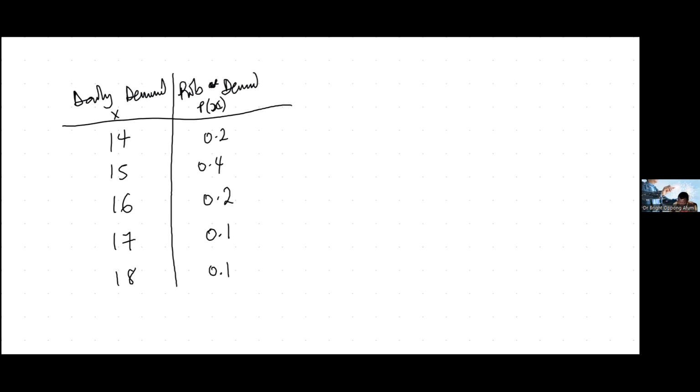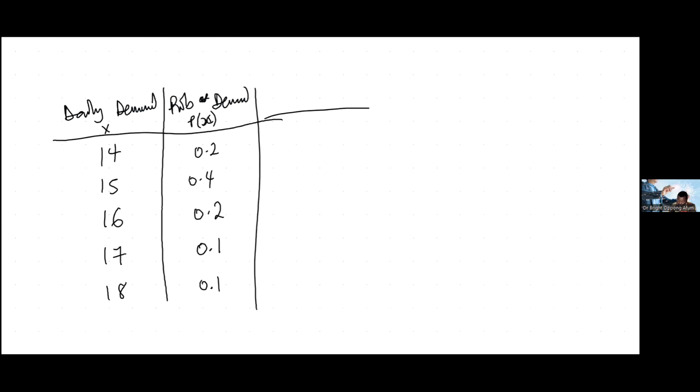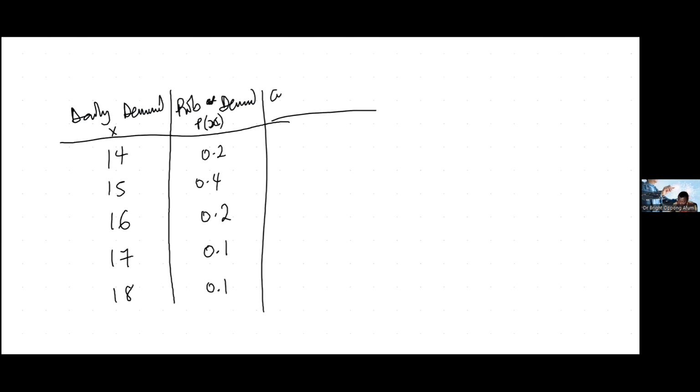So here we find the cumulative distribution. The cumulative distribution is actually the probability here. Then 0.4 plus that will be 0.6, 0.6 plus 0.2 is 0.8, 0.8 plus 0.1 is 0.9, and then 1.